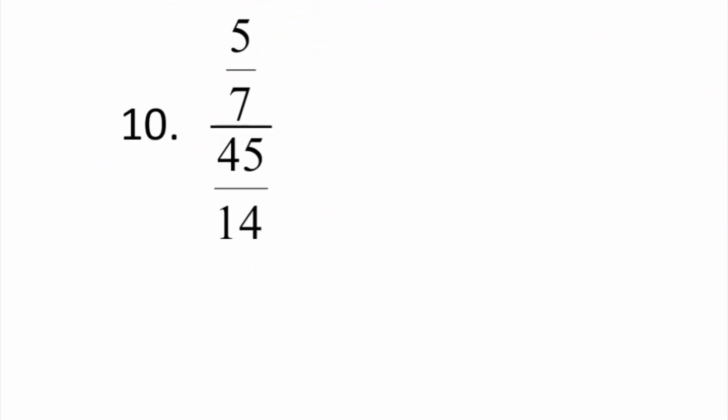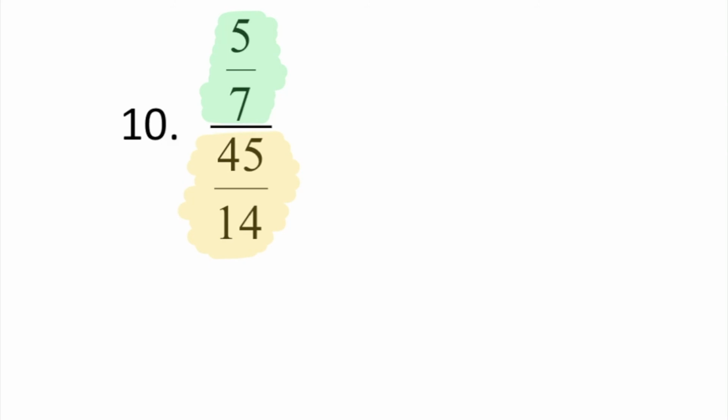Now, for number 10, we have a fraction being divided by a fraction, right? A fraction represents a division to begin with. And so really what we're saying here is that we are doing 5/7 divided by 45 over 14.